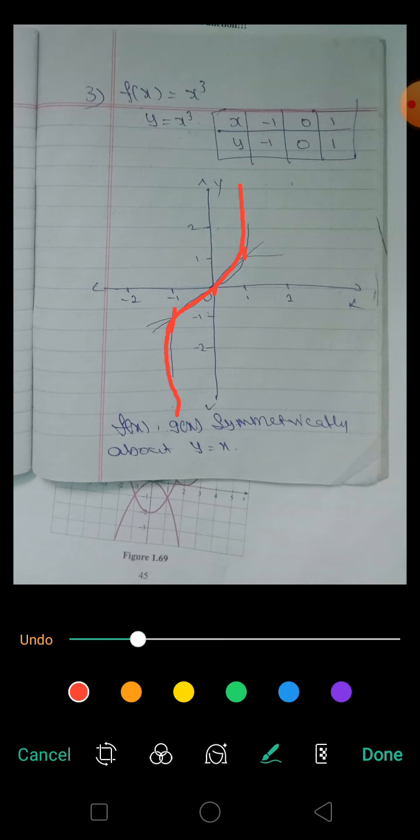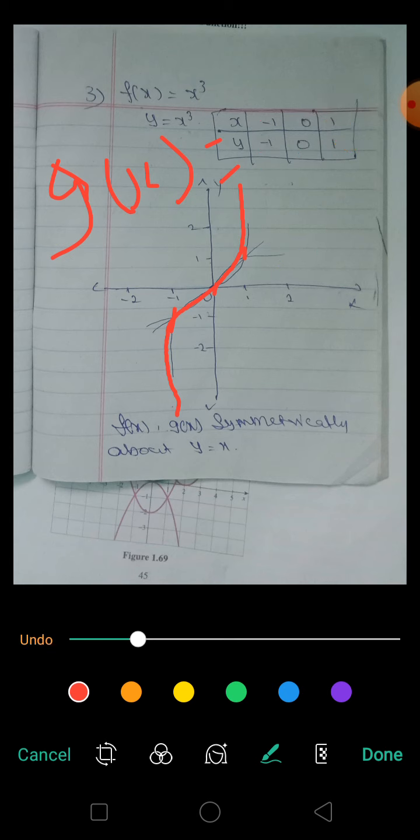After that we have to draw the graph for y is equal to x power 1 by 3, which means given that g of x is equal to cube root of x. Cube root of x means what? X power 1 by 3. Okay.